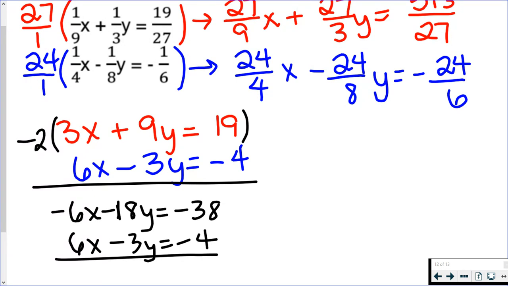So I didn't do anything with the second equation. I just multiplied the top equation by negative 2. And now you can see that if I were to add each of these columns, the x's are going to disappear.